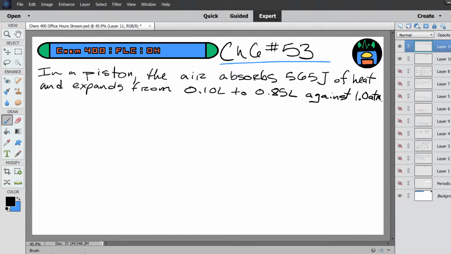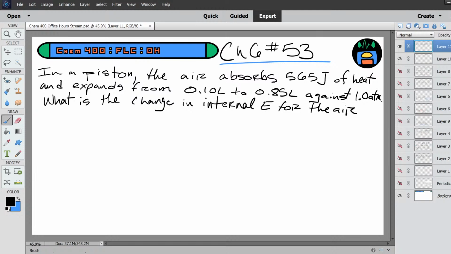And then we're asked, what is the change in internal energy for the air, or I should say, the air in the piston?